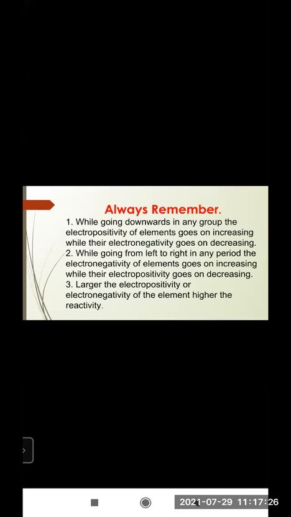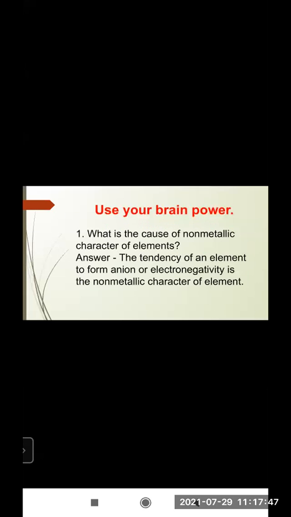So see, the first and second points are just opposite, while going down in a group and while going from left to right. And the third point is, larger the electropositivity or electronegativity of the element, higher is the reactivity. Clear? Now, we'll see Use Your Brain Power, which is given on page number 27.